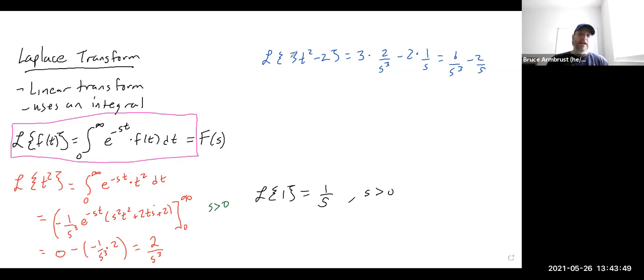So check it out. We're actually able now to do Laplace transforms without doing the actual integrals, because we know the Laplace transform of the building blocks. This is one nice thing about Laplace transforms: once you have fundamental functions down, you can get tons of stuff by just combining those Laplace transforms of the fundamental pieces.